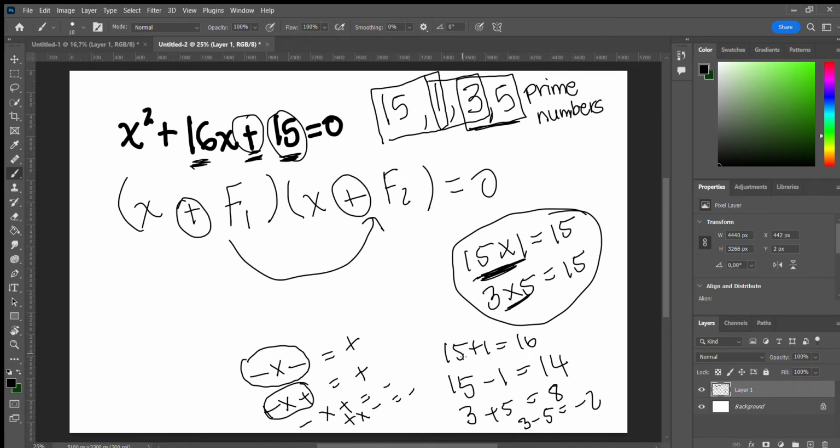So we have our two factors, 15 plus 1. And I mean, you already see that it's going to be plus 15 plus 1. But yeah, you have to think about that. The third thing that is going to rule how you choose the sign of your factors is this one.